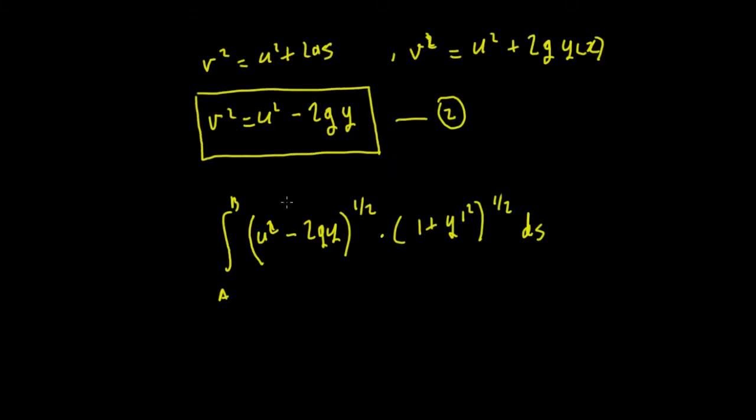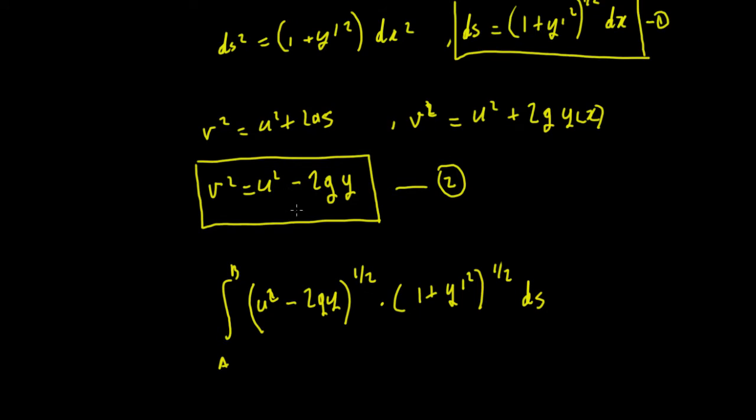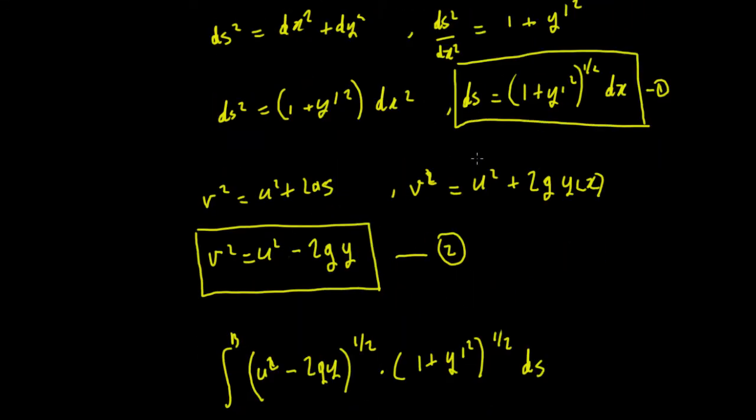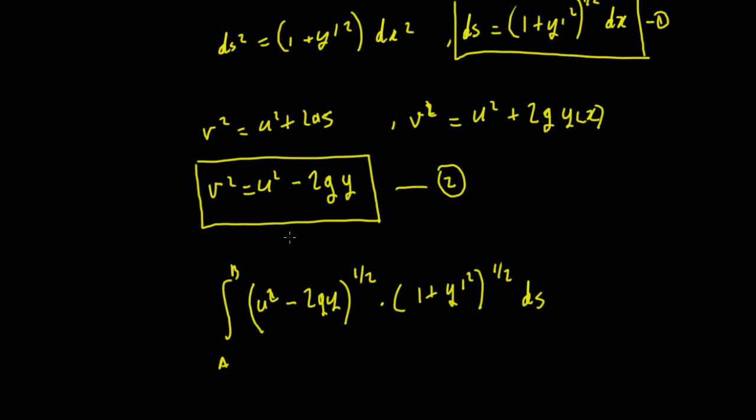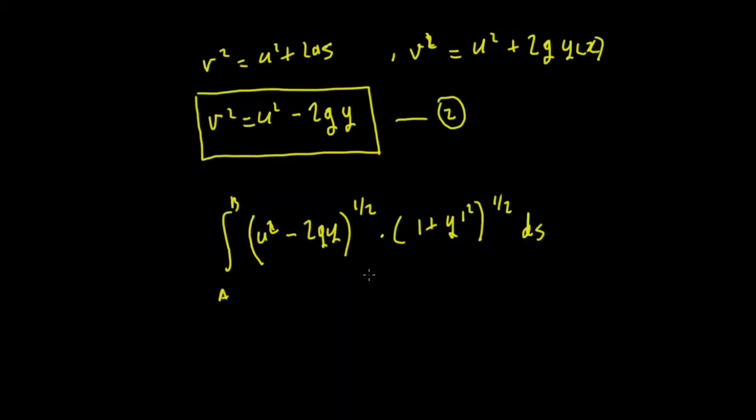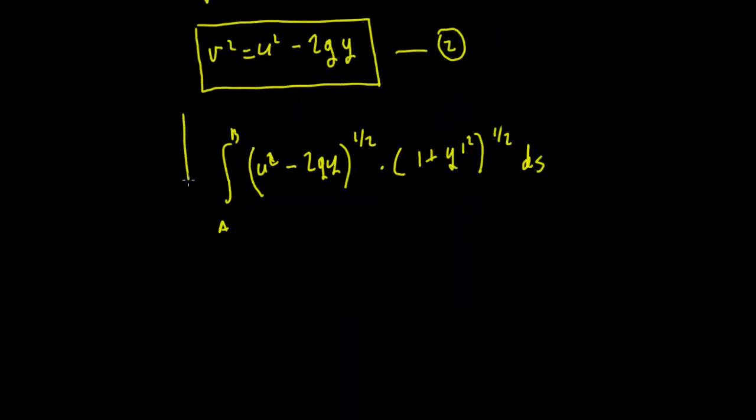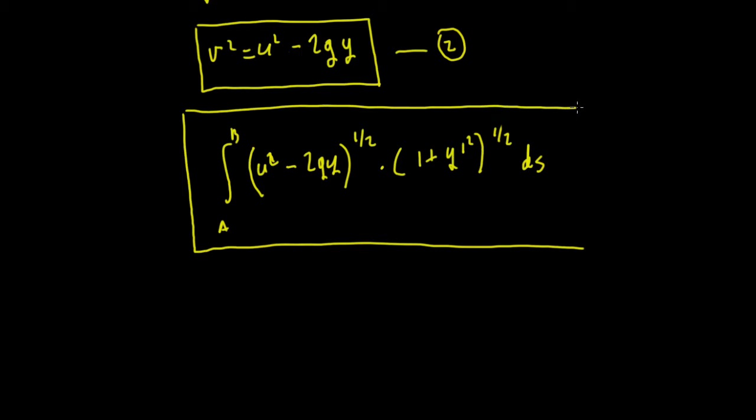Okay, so that's us just put our two equations in, so we've got our 1 plus y derivative to the power of a half in here, and of course we've had to take the root of that to get the velocity, because that's in terms of velocity squared, that's why we've got our root there. So that's our little equation that we're going to start off, the Lagrangian equation here.